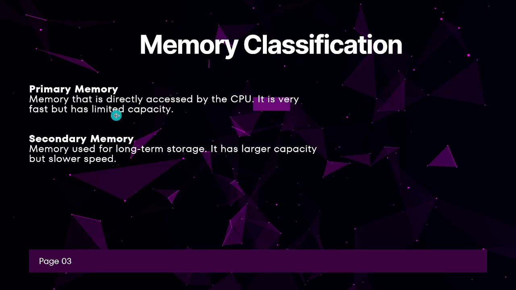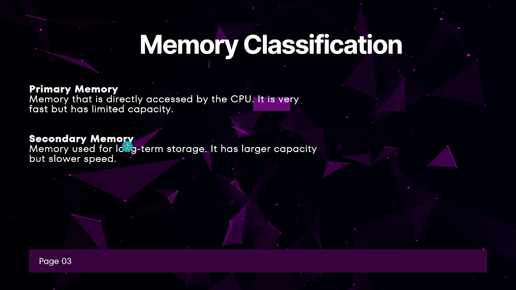Primary memory, as we know, is directly connected to the CPU, so it's very fast. However, it has limited space. What do we mean by limited space here? It means it's only working when the computer is working, and it has limited space.